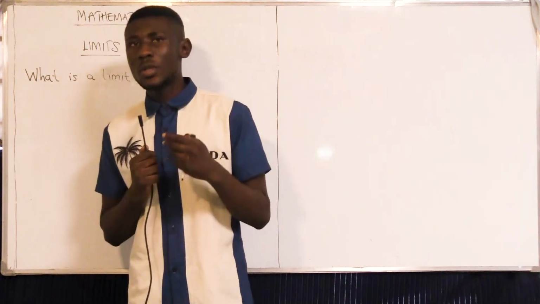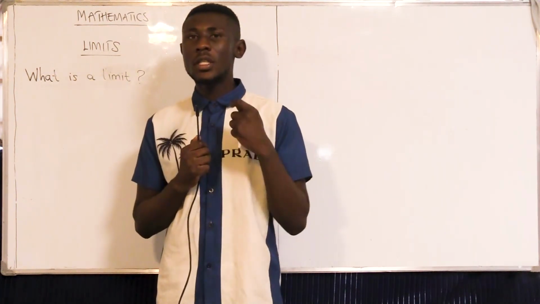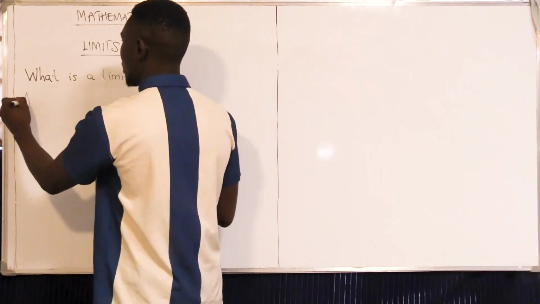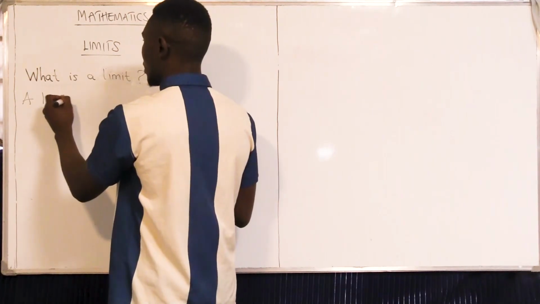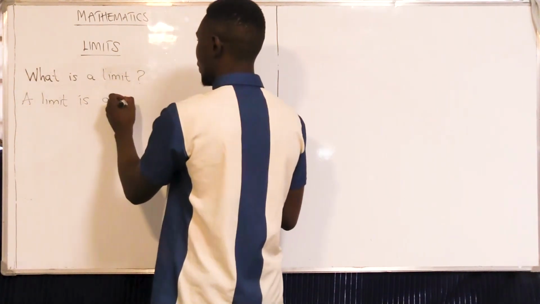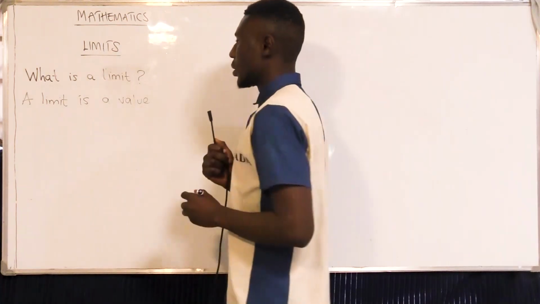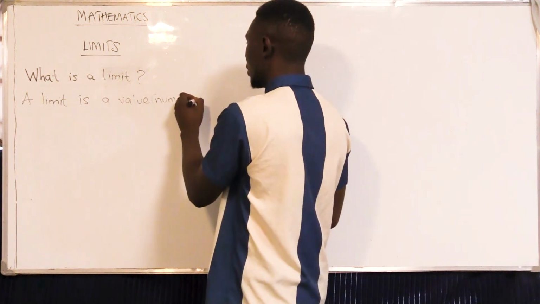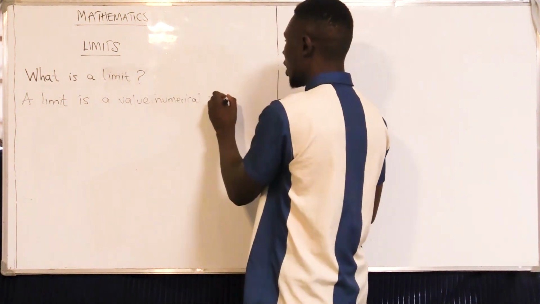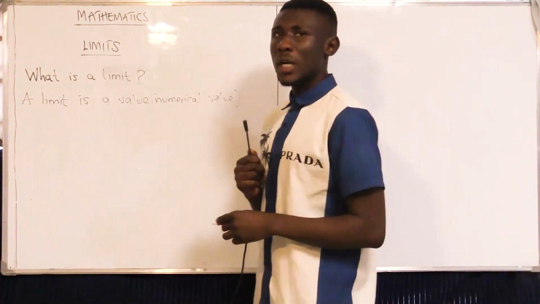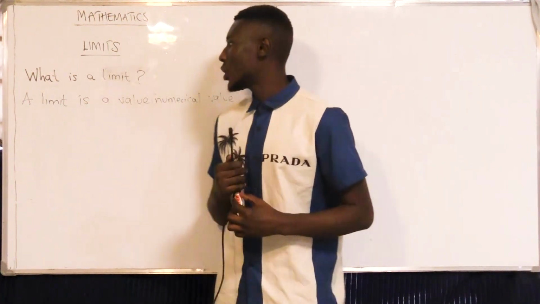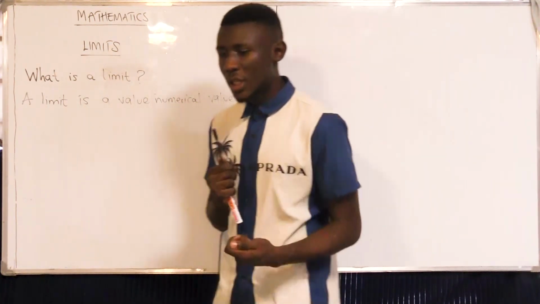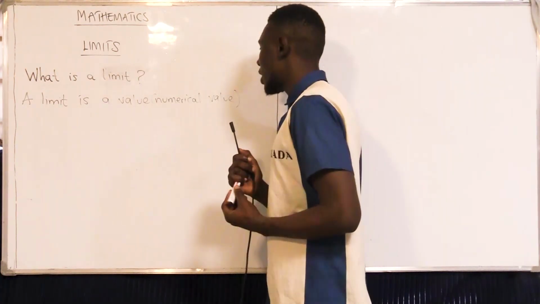So in most cases, a limit is simply a number. So a limit is a numerical value. That's one thing you need to understand. Now, what kind of number is this one?